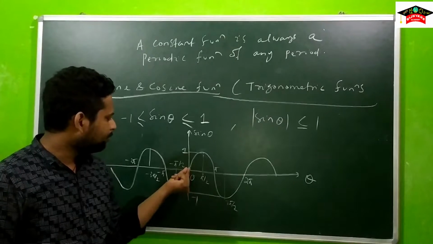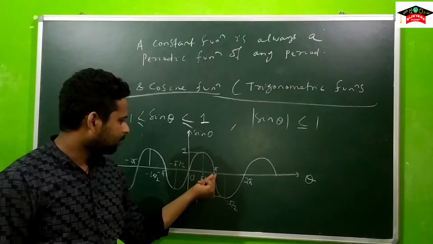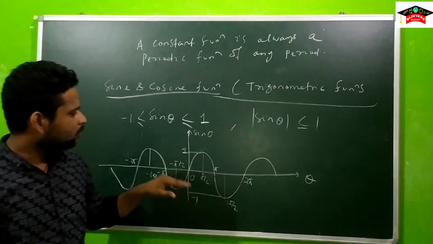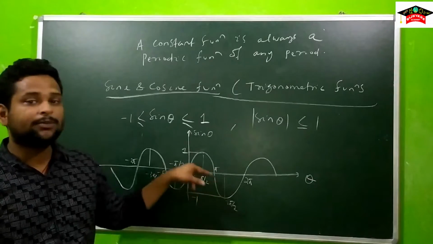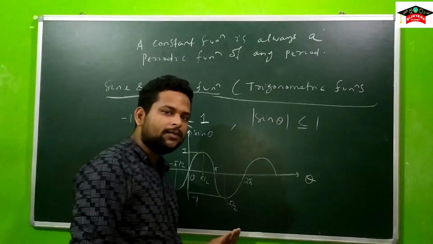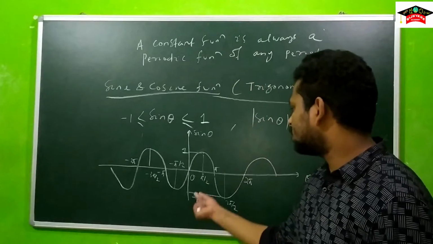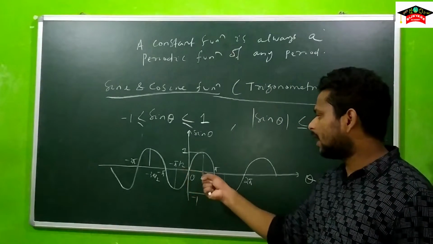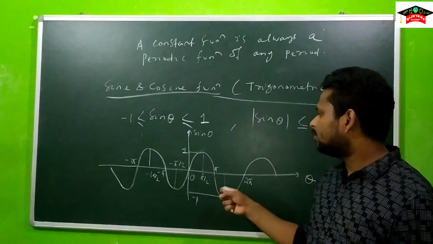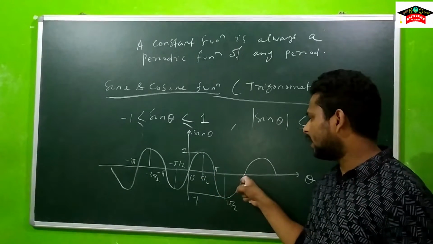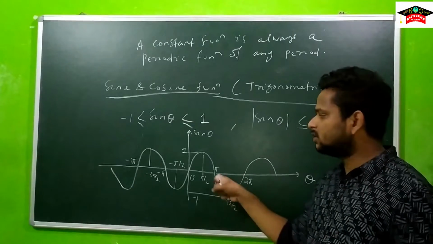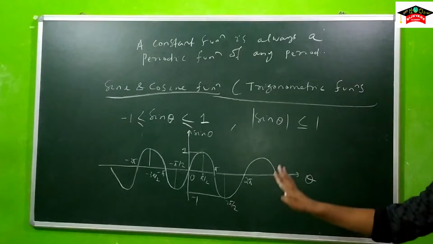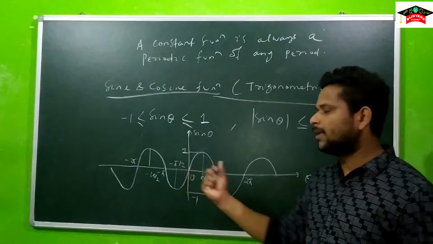If you take the period from 0 to pi, the next period will be pi to 2 pi, and the graphs are not similar. So it can never be a periodic function over an interval of pi, because the two values are not the same.